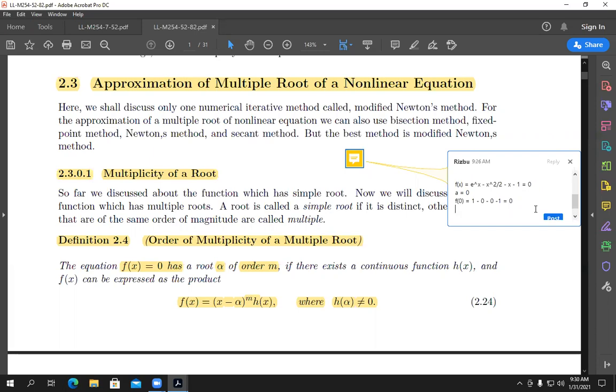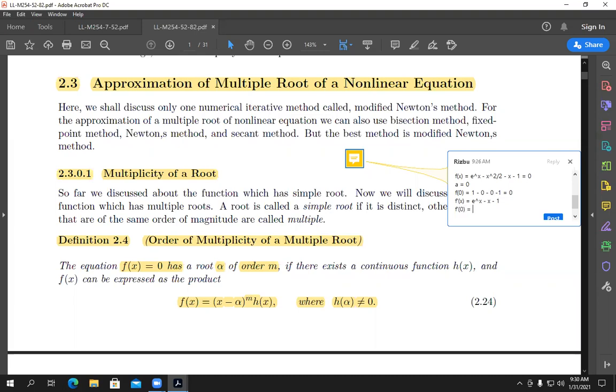How can we check? We take f dash. What is f dash? e power x minus x minus 1. Now we check f dash at 0, right?